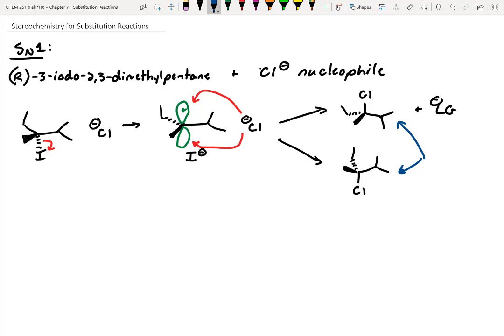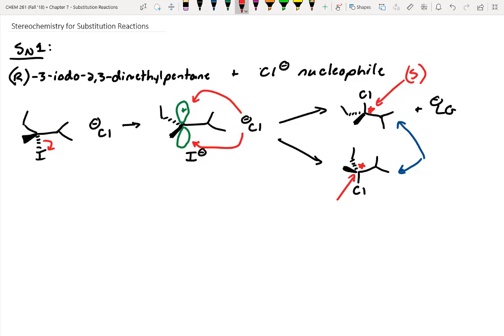Let's go ahead and assign stereochemistry. For this top one, what would the stereochemistry be? For the top one, is it R or S? I would say it would be S, right? So we've got an S stereocenter up here. Let's take a look at this stereocenter down there.